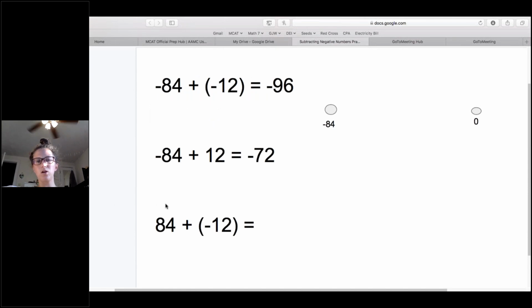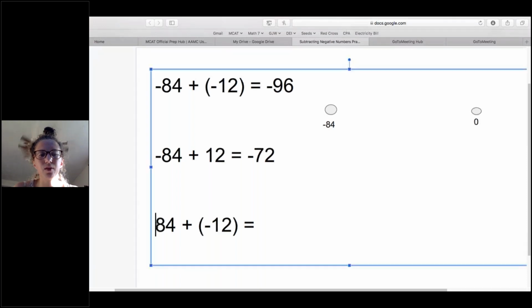So looking at this last one here, before you solve it, can you look back at the first two problems and pick which one of the first two problems this one is most similar to?